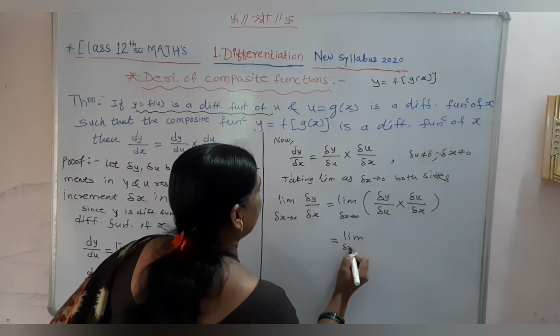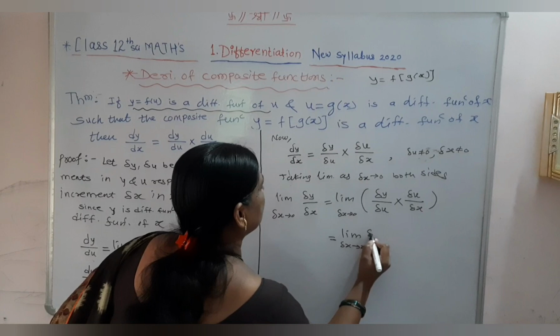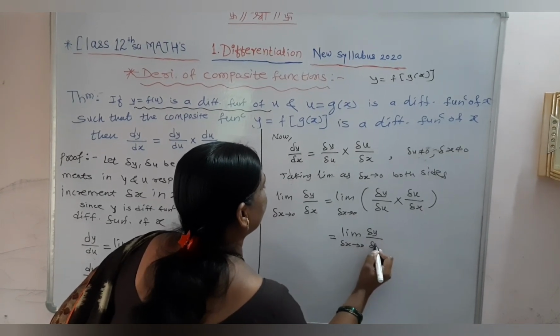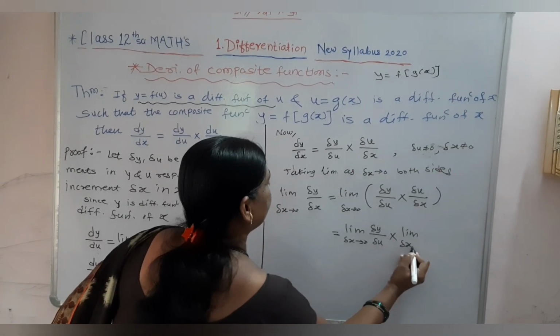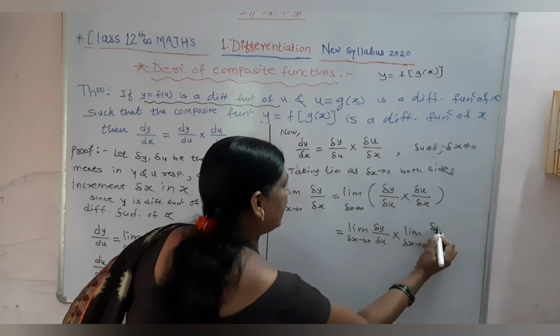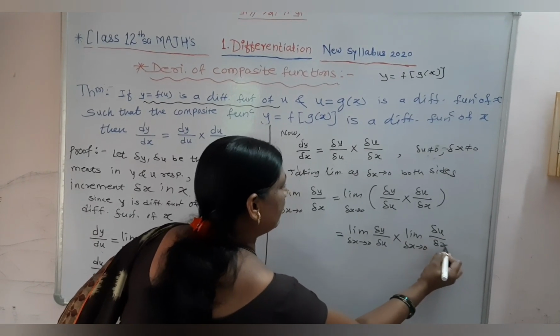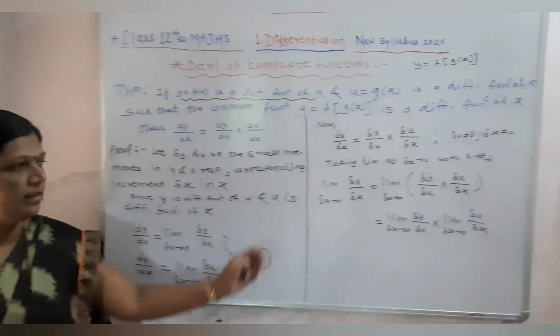Limit delta x tends to 0 delta y by delta u into limit delta x tends to 0 delta u by delta x. After separating the limits, we will understand.